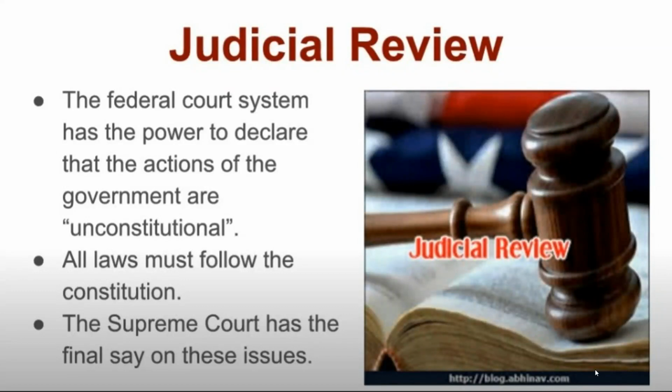All right, so you have this other concept known as judicial review. Judicial review means that the federal court system has the power to declare that the actions of government are unconstitutional. So if a state passes a law, for example, and people complain that this law is unfair, someone may be able to bring it before the Supreme Court, and they can decide if this law is constitutional.